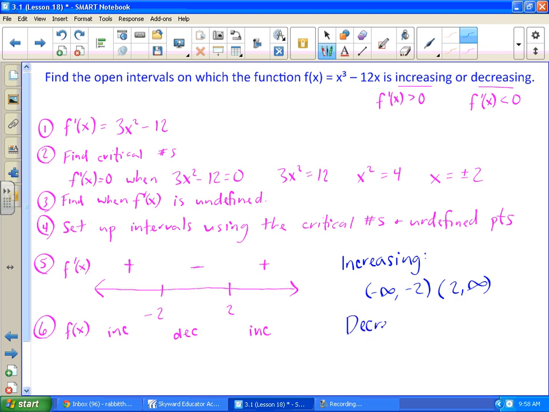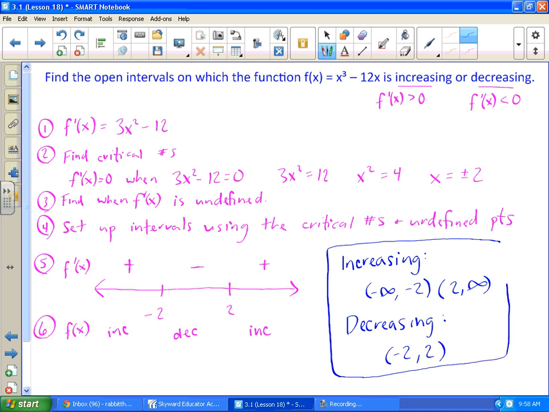And where is it decreasing? Negative 2 to 2. Good. And you don't include anything with those, okay? Because at those spots it's actually 0, which means it's not increasing or decreasing. Yeah, you're not going to be including your endpoints for these. So any questions on that? So you're always doing these steps here, okay?